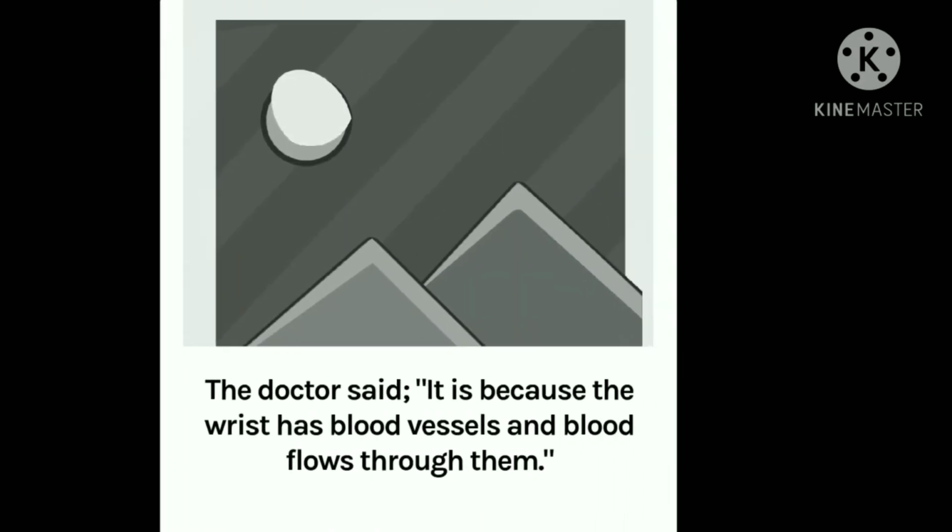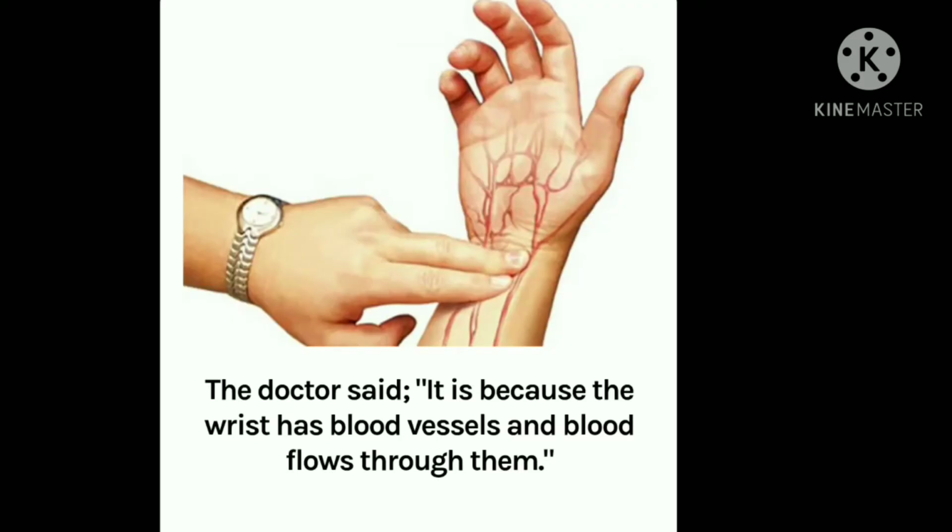The doctor says it is because the wrist has blood vessels and blood flows through them. You also experience the same whenever you go to the doctor. While checking you, the doctor first checks your heartbeats.